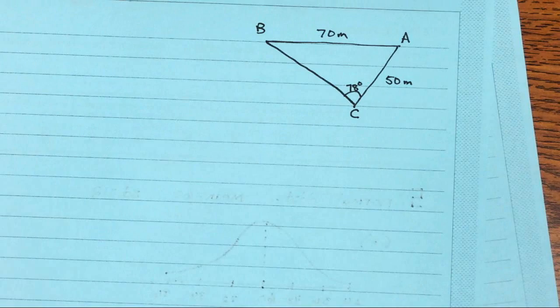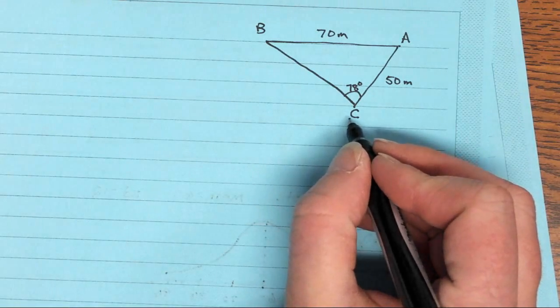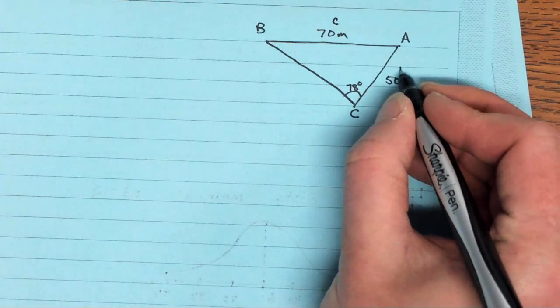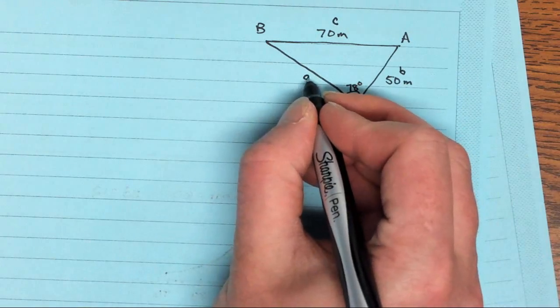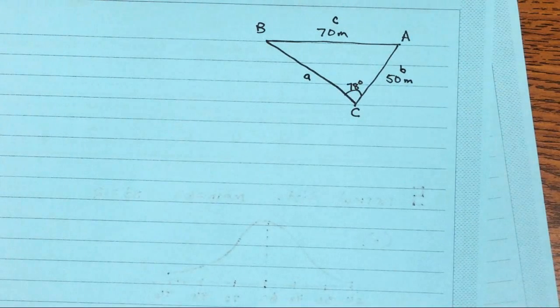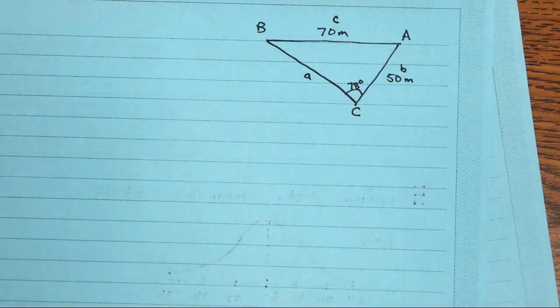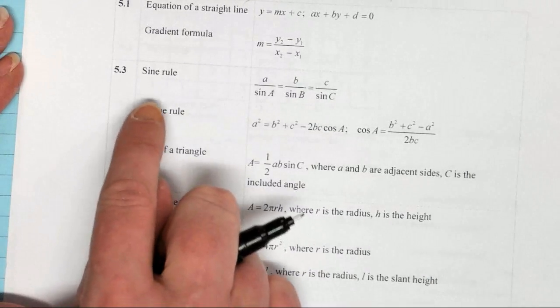No. Okay, so what I would do, since this is big C, this is little c, big B, little b, big A, little a. This is geometry, but this is the crazy geometry. It's not a right triangle.